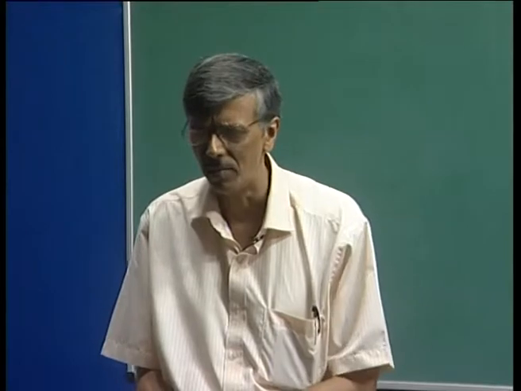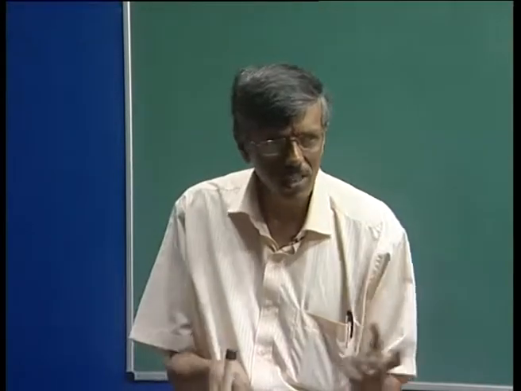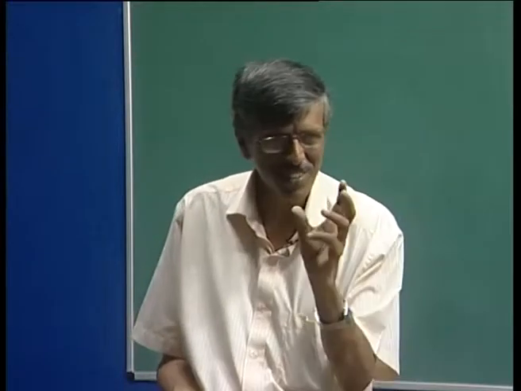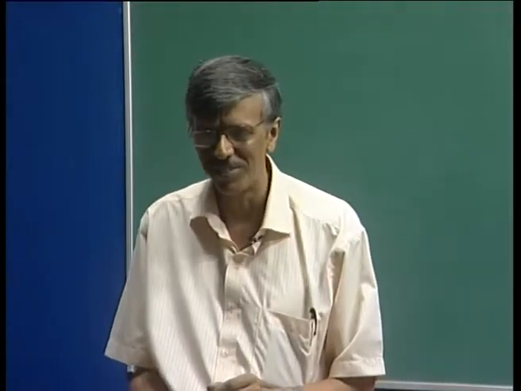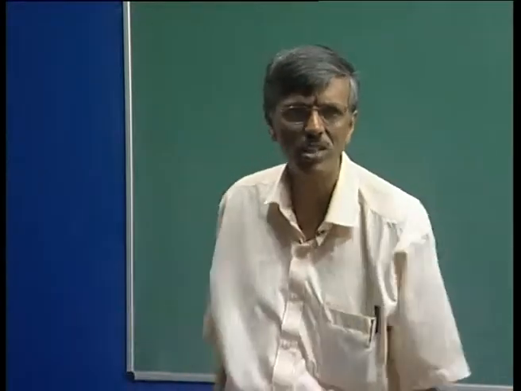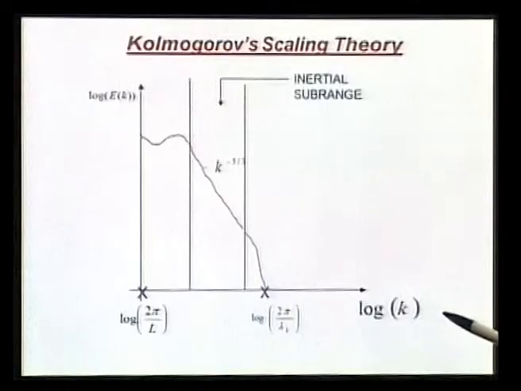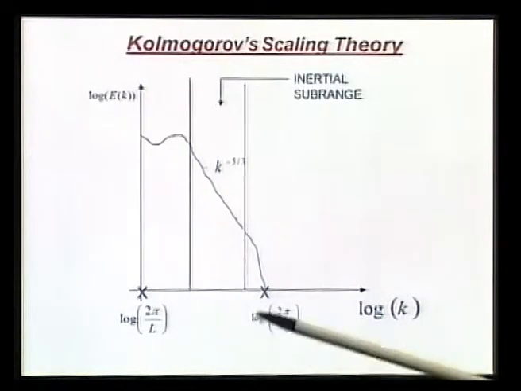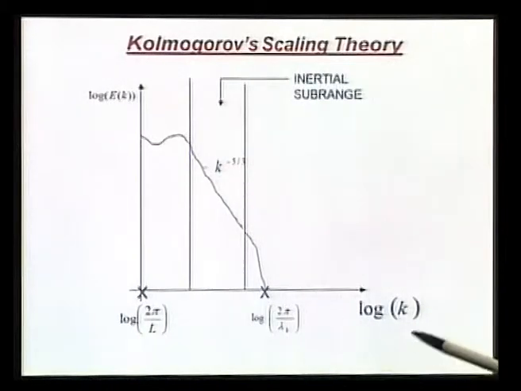And at the small scale, even a leaf swaying in the wind is the smallest scale that you can think of. So you have this huge range of scales, from a few centimeters or even millimeters all the way up to thousands of kilometers. That is why we plot it in the log scale, and this is how it is.